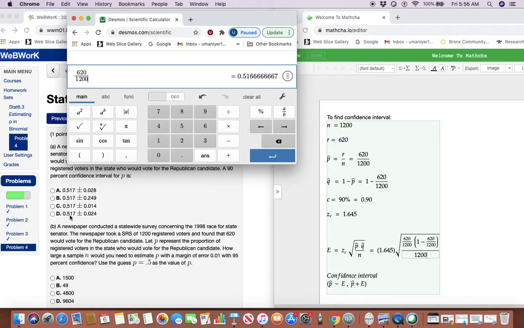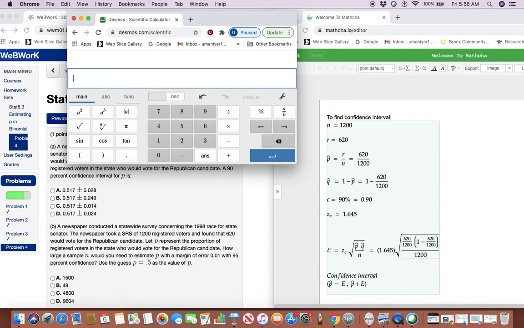Those numbers represent P hat. The plus or minus represents the E value. So all I need is to figure out what this E reduces to.